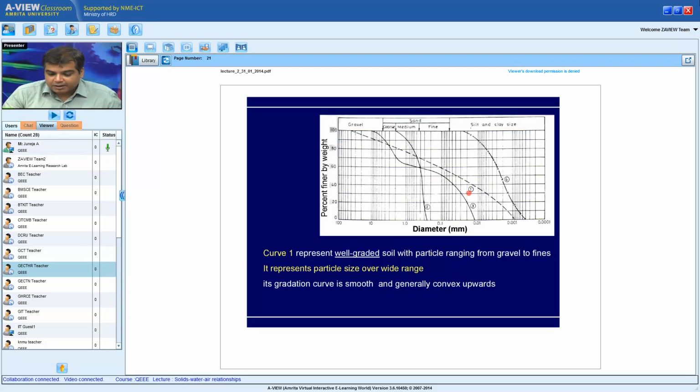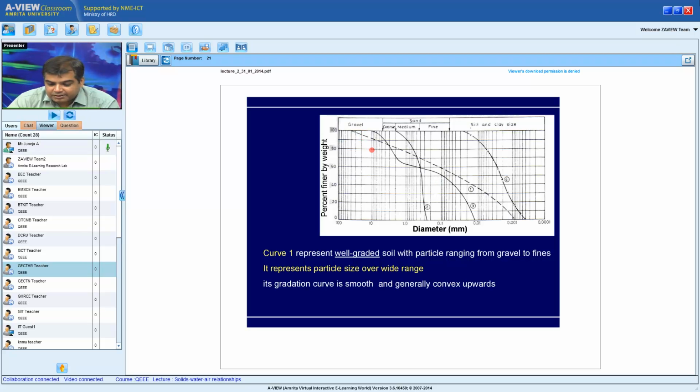We have various test results here, examples taken for a few particle sizes. Let's look at curve 1, shown by the broken line. If you follow this curve, it starts from gravel, going down through sand and silt, so it goes through the entire range.